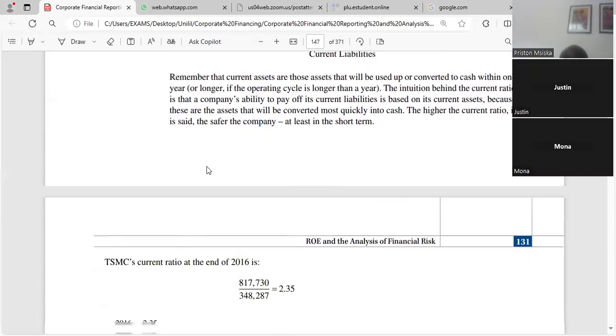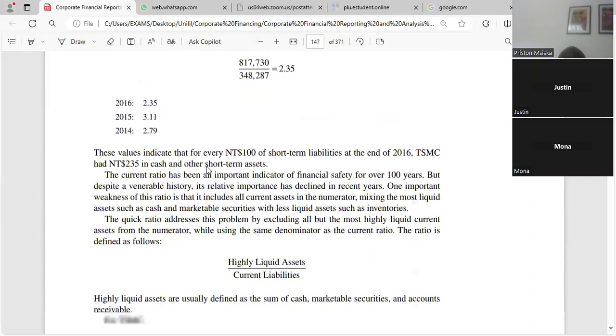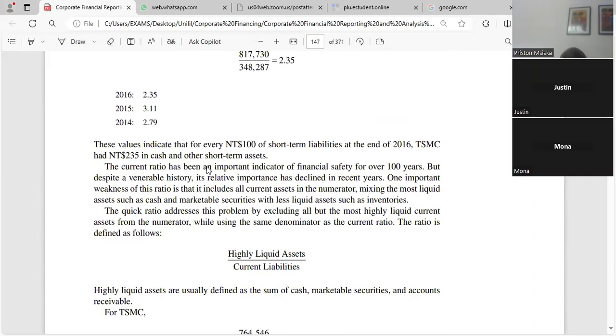So the quick ratio is calculated as highly liquid assets, which is cash, basically. In other books, you just find it written cash divided by current liabilities. Here, we have it as highly liquid assets, which basically is cash.